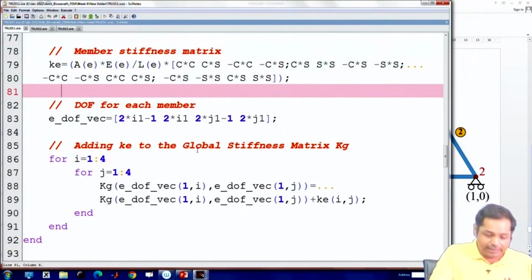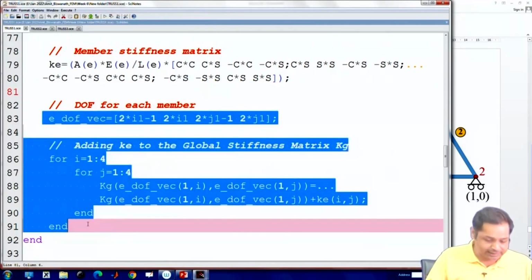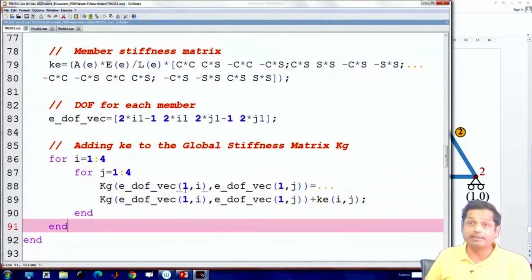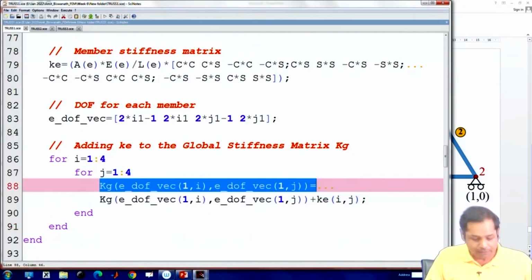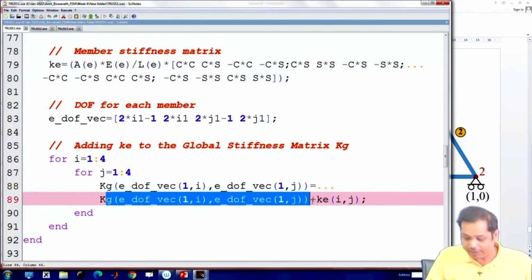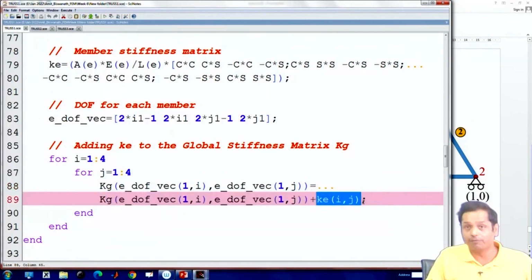Now here comes the assembling part. This is exactly the same thing we have done just now. Take every element, take those 2 by 2 small matrices, and based on their connectivity, you populate the global stiffness matrix. So Kg is the global stiffness matrix. Kg will be this matrix plus the element level information.